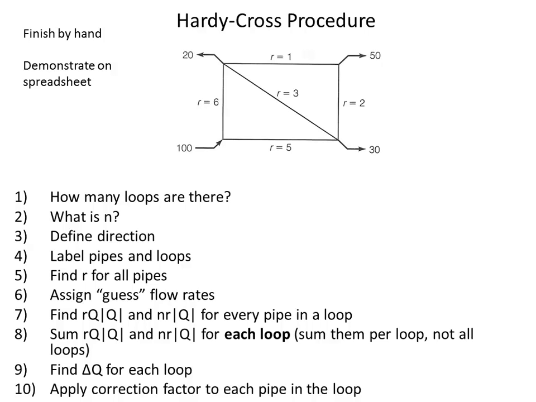So if water is coming in at this junction, 100, and water is going to flow out at here, this 20, it might be that water goes directly through this pipe, or water can go through here and then through the diagonal pipe. There's multiple routes towards that junction, and there has to be the same amount of head loss through each route.